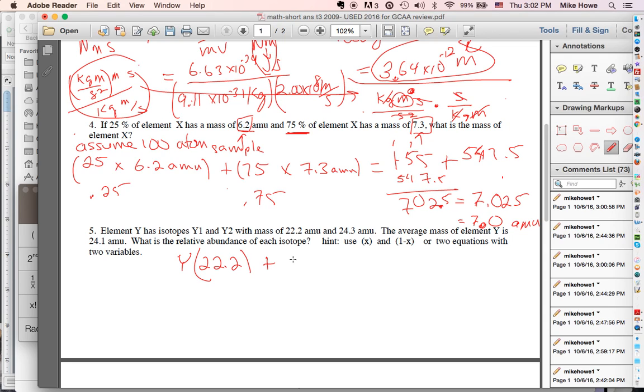And then I'm going to put in x times 24.3, where x is a percentage that has that mass. And we know the average is 24.1. We also know that whatever y is and whatever x is, it'll equal 1.